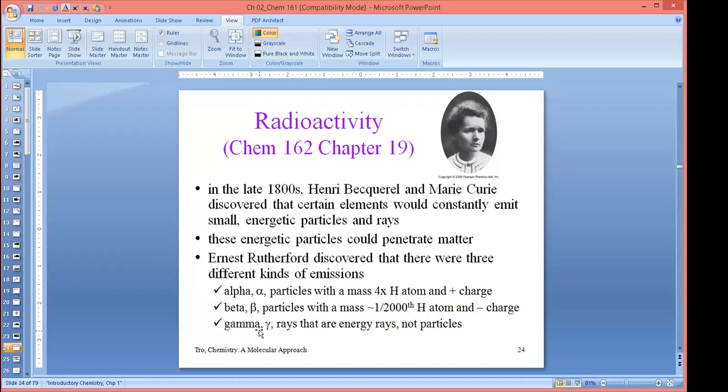Gamma rays are high-powered rays, higher energy than X-rays. If you've had a broken bone and gotten an X-ray, they put the lead blanket on you. You need about 6 inches of lead or a foot of concrete to stop gamma rays, whereas for X-rays you just need a couple millimeters, and that's where the lead blanket comes in.